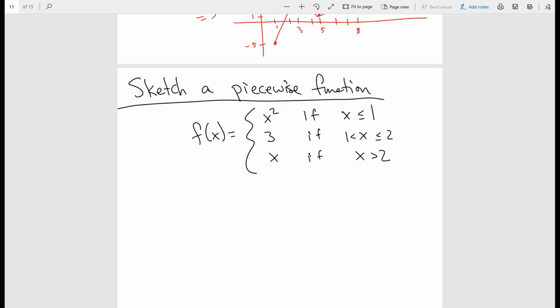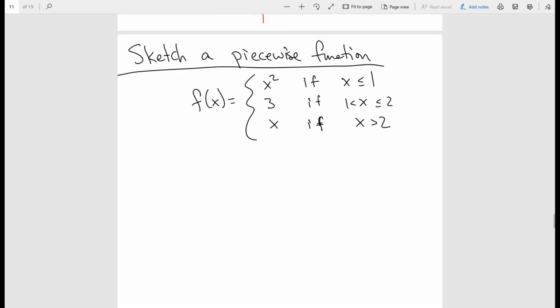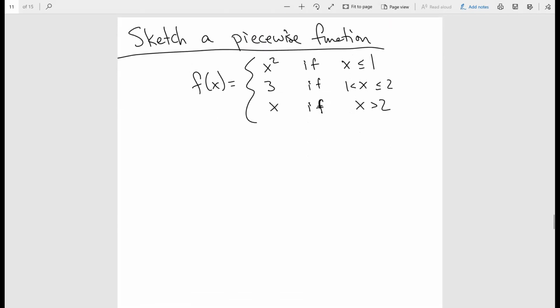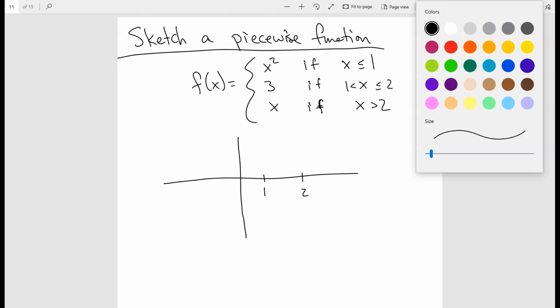So now let's go ahead and try to graph this. The way that you do it is I like to write it out in different intervals. So we see that you have something that's less than 1, somewhere that's between 1 and 2, and something that's beyond 2. So you basically have 3 different worlds.